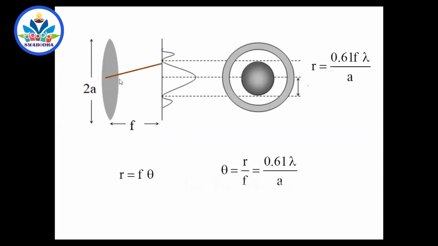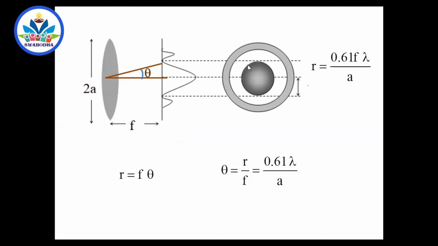Stand here and look at this half of the ring, this central bright fringe. This is theta. Correct? This is theta. What is this theta? It is the angular width of the central maximum.